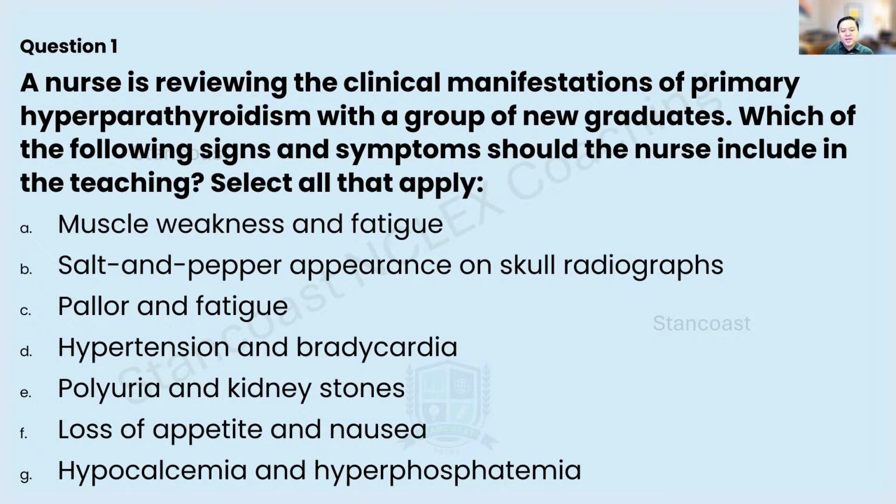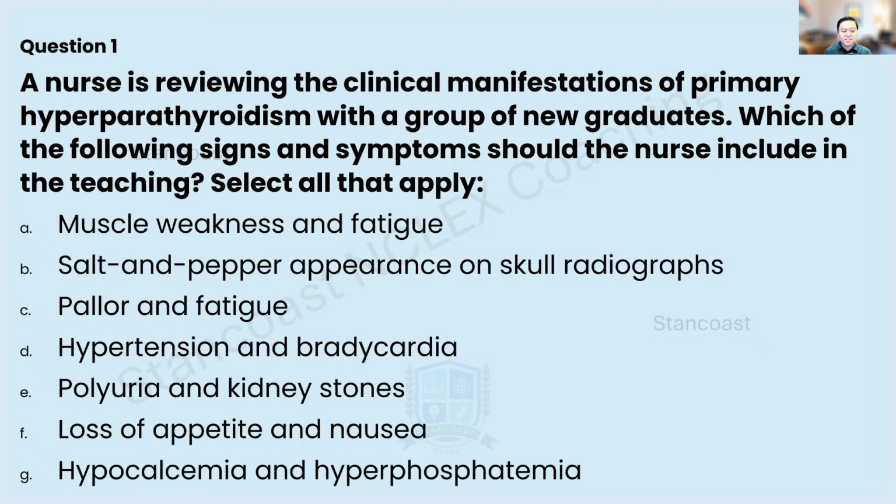Question number 1 states, a nurse is reviewing the clinical manifestations of primary hyperparathyroidism with a group of new graduates. Which of the following signs and symptoms should the nurse include in the teaching? Select all that apply. A, muscle weakness and fatigue.